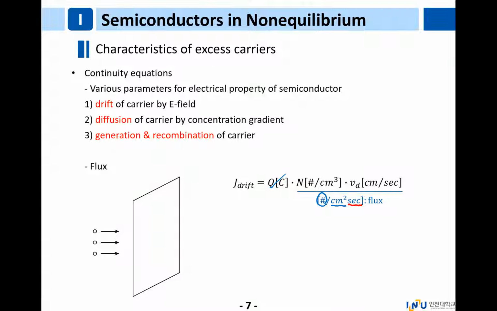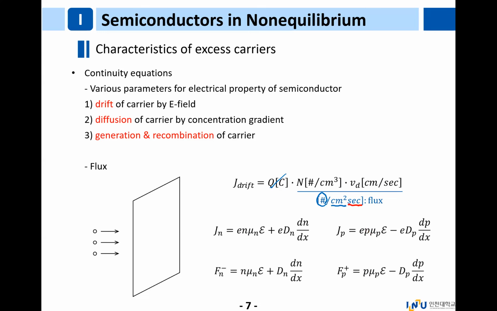Therefore, if we have information about current density, just dividing it by charge gives us the flux. So we can find out flux in this way.